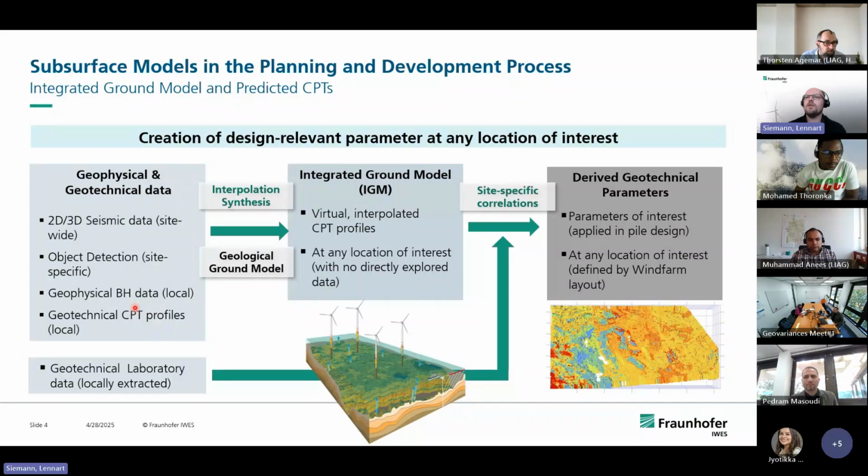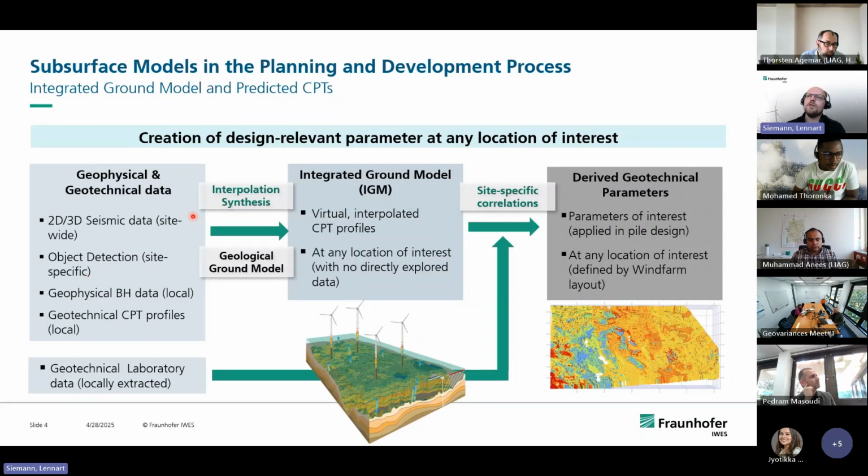We're talking here about 2D or 3D seismic data, marine seismic data in this case. We're talking about specific site investigations, which can be object detection or, I don't know, site-scale bathymetry. I will not talk about this today. We have, of course, also bore data, and at the end of the day, cone penetration testing data, which is the focus also on our work here, together with seismic data.